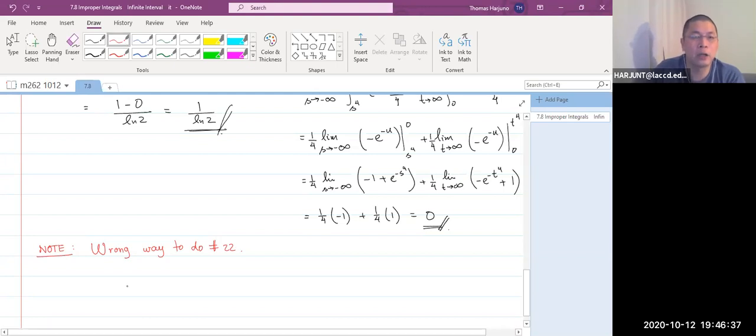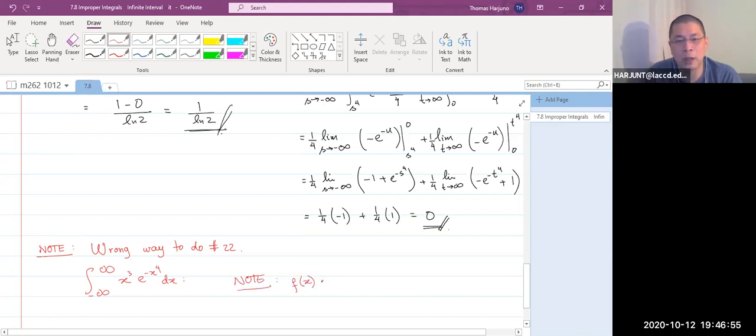Somebody argues this way, in this integral from negative infinity to infinity of x cubed e to the negative x to the fourth dx. Note that f(x), the integrand x cubed e to the negative x to the fourth, is an odd function.